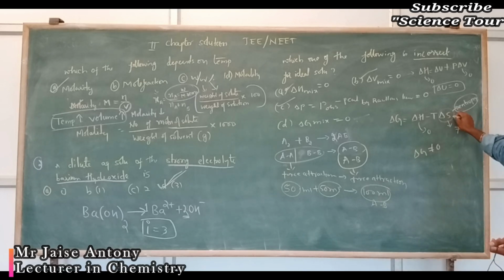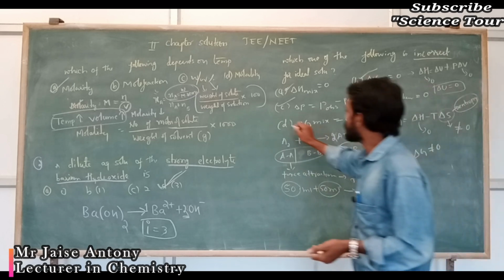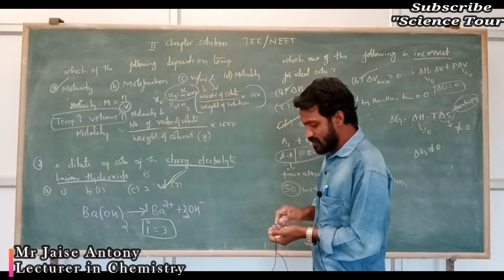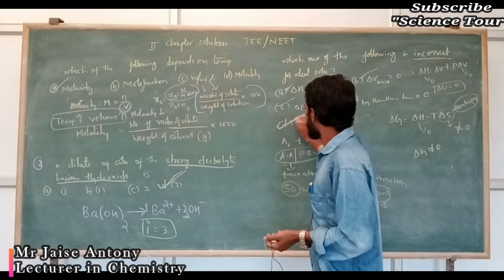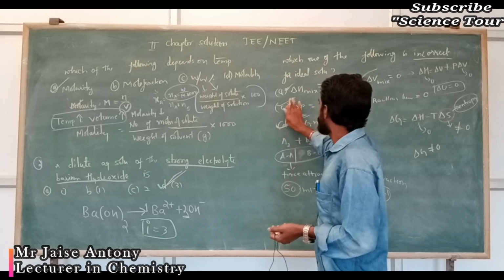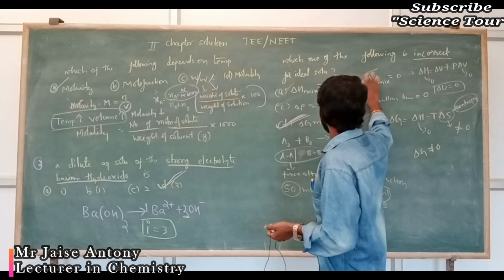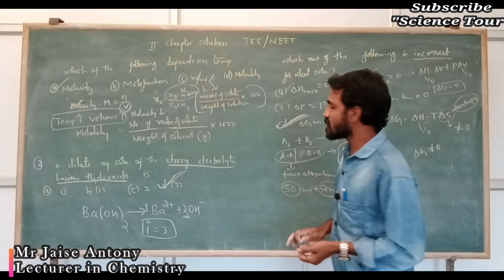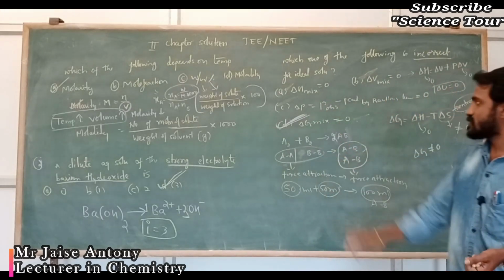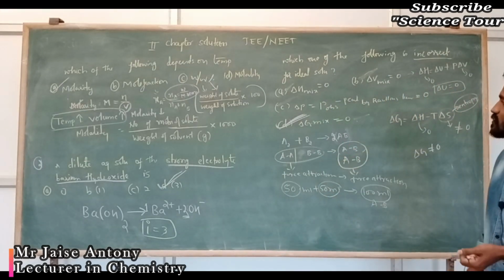By keeping delta S equal to 0, but that is not possible. So this is wrong, incorrect. The answer is D. The remaining statements are all correct. Answer is D, delta G mix is equal to 0.